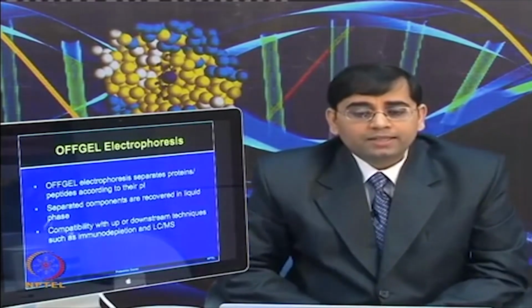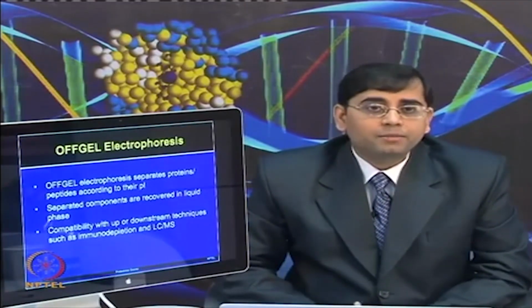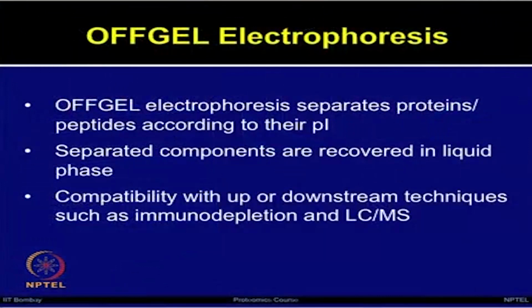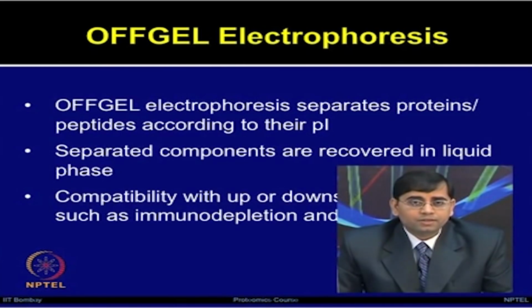Off-gel electrophoresis separates proteins based on the isoelectric point of the proteins or peptides. We have talked about how to do isoelectric focusing in the previous lectures. Now, these components, which are separated based on the pI values, can be recovered in the liquid phase itself.